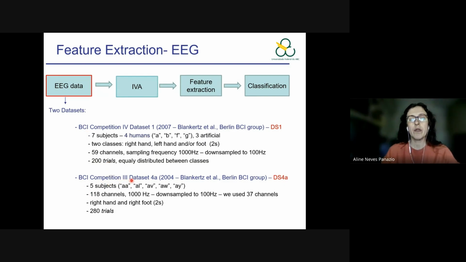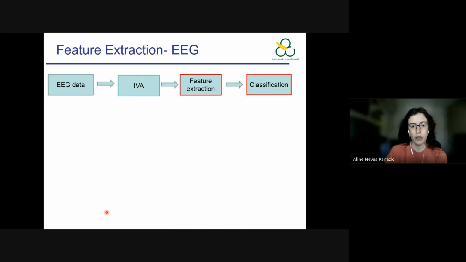And BCI competition 3 dataset 4A that we named DS4A. It has 5 subjects. Signals were collected using 118 channels, but we only used 37 channels that are most related to motor imagery. We also considered 2 classes, right hand and right foot, and 280 trials.